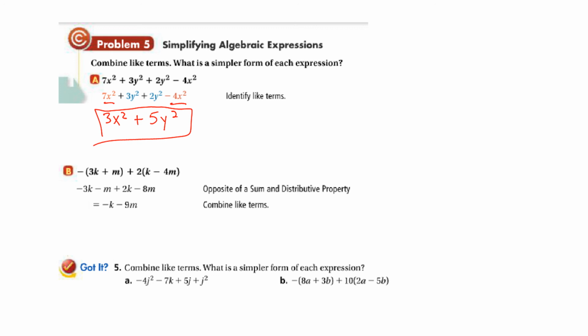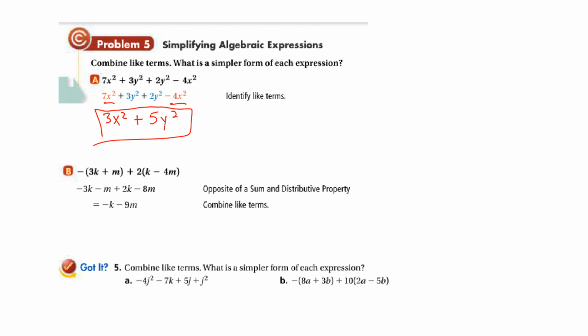Looking at example B, let's just follow along. We have everything done for us. First, we have to do our distributive property to get rid of the parentheses. So I multiply negative 1 times 3k plus m, and I get negative 3k minus m. Then I multiply 2 times k minus 4m, and I get 2k minus 8m.